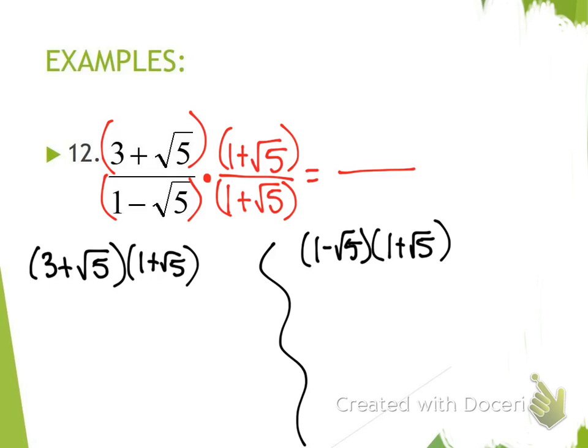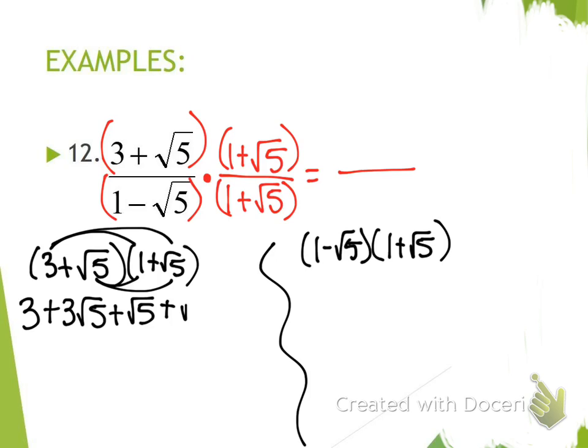All right, so let's start with the numerator product. 3 times 1 is 3. 3 times root 5 is a positive 3 root 5. Root 5 times 1 is a positive root 5. Root 5 times root 5 is the square root of 25. Okay. So we start combining. What can be combined in the middle here? 3 root 5 with the root 5.